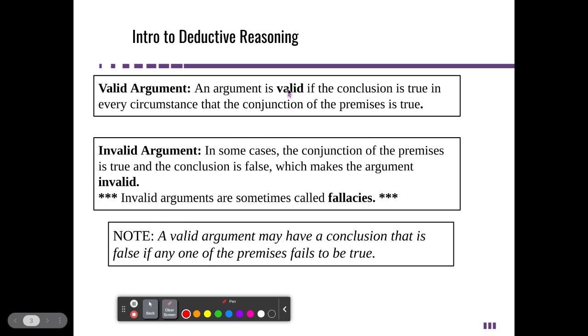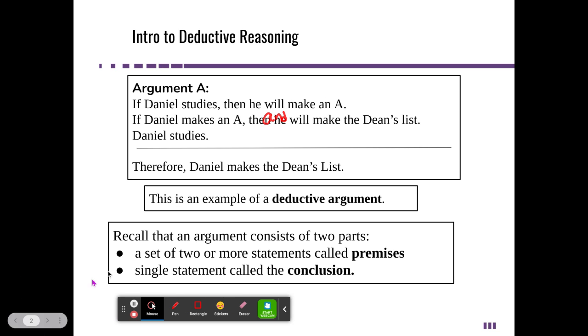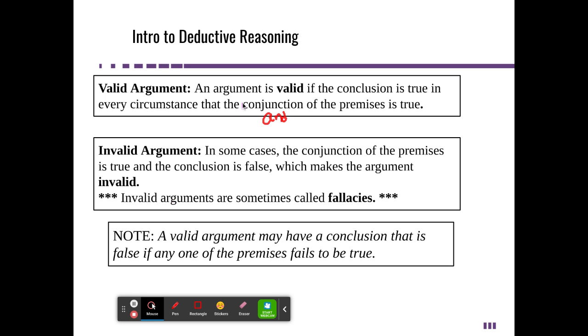So if we go back to this example, this was the premise. If all of these are true, and the conclusion is true, then a true statement here and a true statement there lead us to a valid argument.